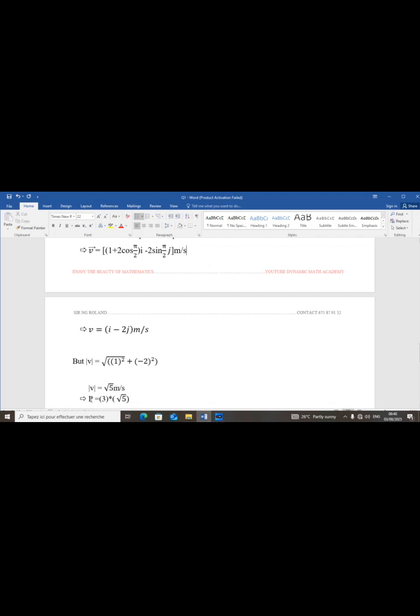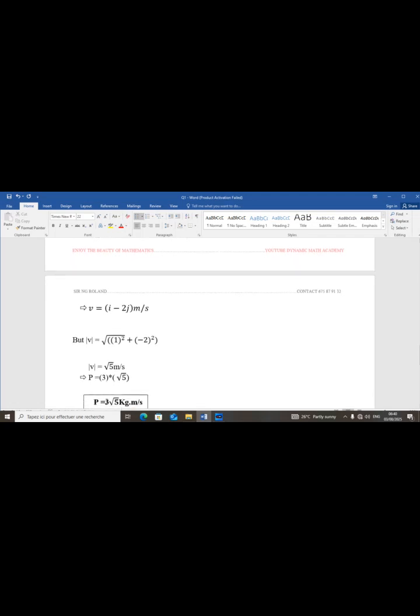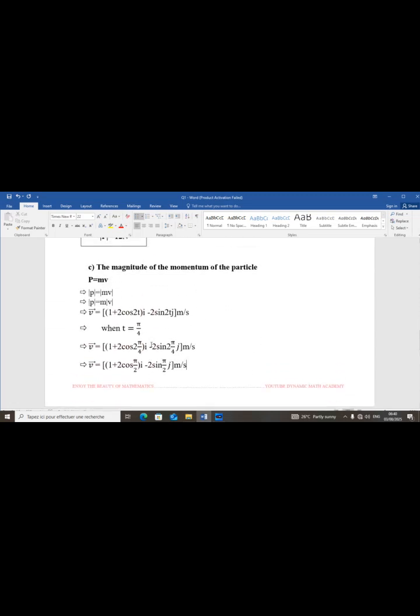So it will mean that the magnitude of the momentum of P will be equal to 5 kilogram meters per second. Now let me just explain something. Another student could still decide, instead of taking the magnitude of the velocity first, to multiply this velocity directly by the mass before taking the magnitude.